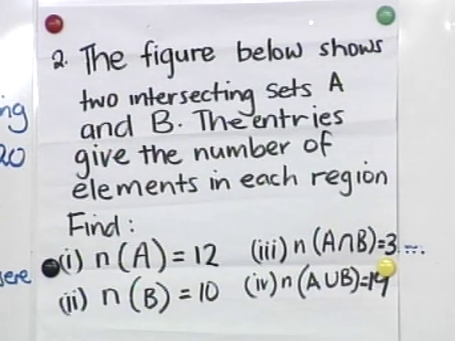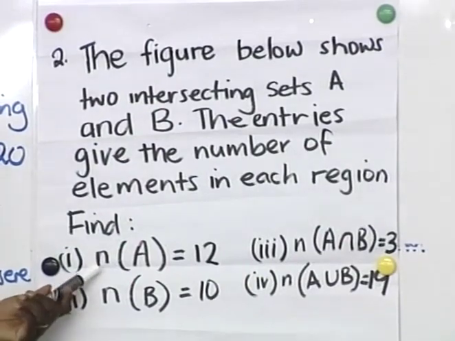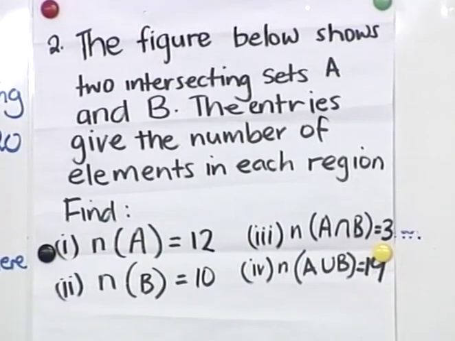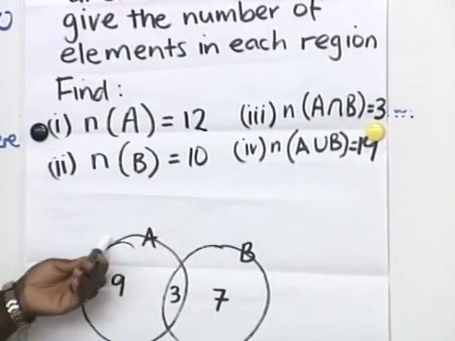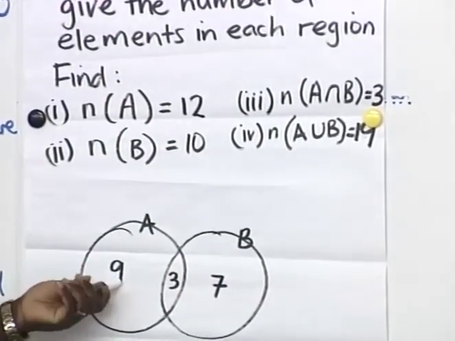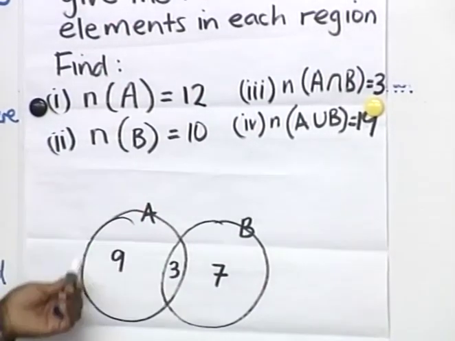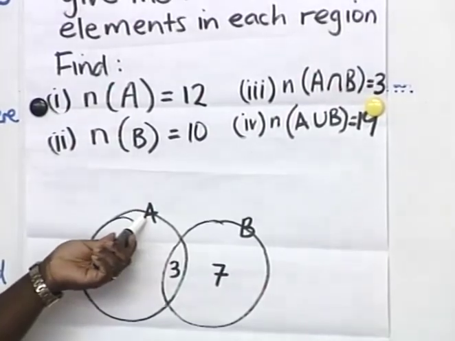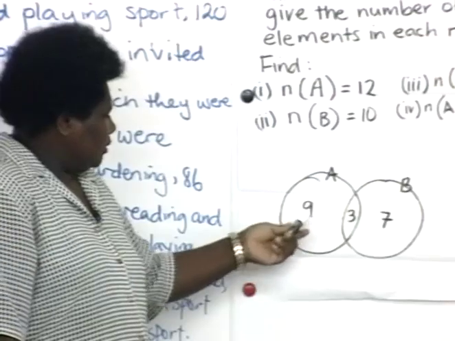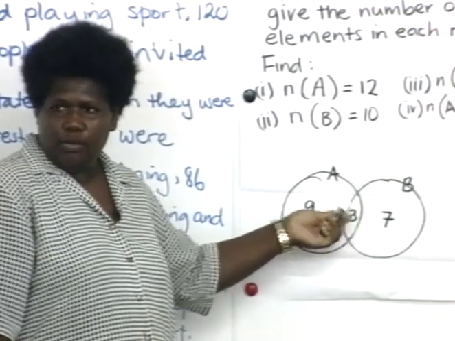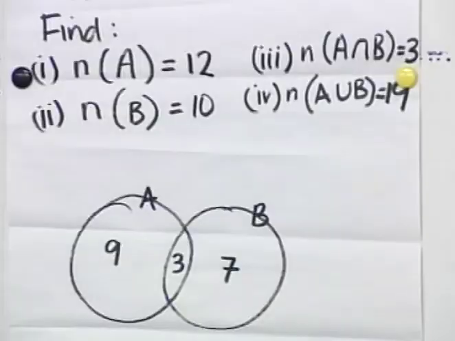I already explained earlier that NA means the number of elements in the set A. Okay, so this circle represents the set A, and it includes this number 9 and the 3 as well. So the number of elements in set A is 12.